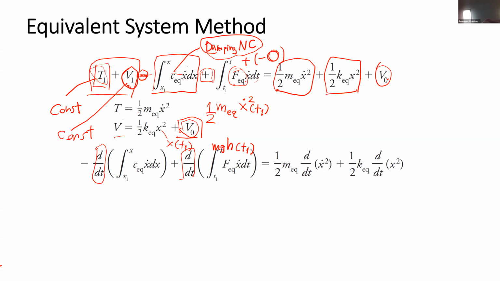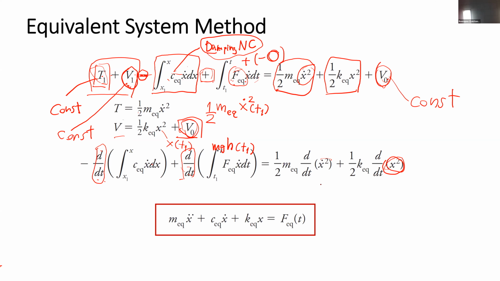So if we do the time derivative of a constant, we get 0. And for this term, this is the time derivative of this, and this is the time derivative of the force. On the right hand side, we also do the time derivative of the x dot square and of the x square. And V0, the potential energy at reference, is also a constant. So the time derivative of this is also 0.